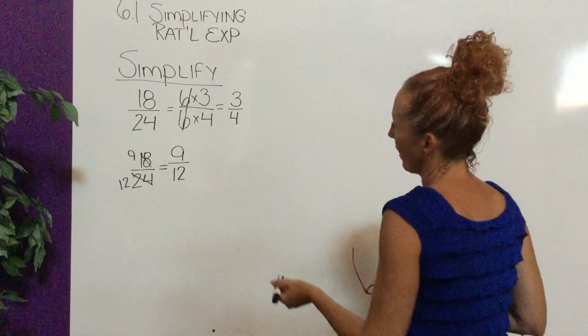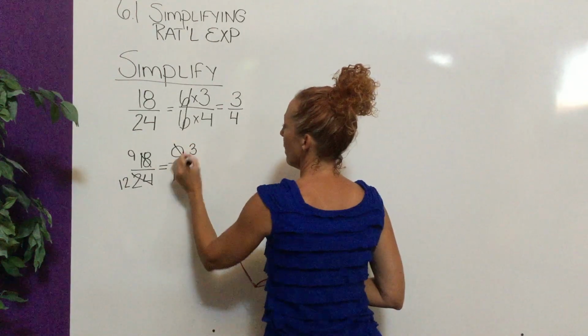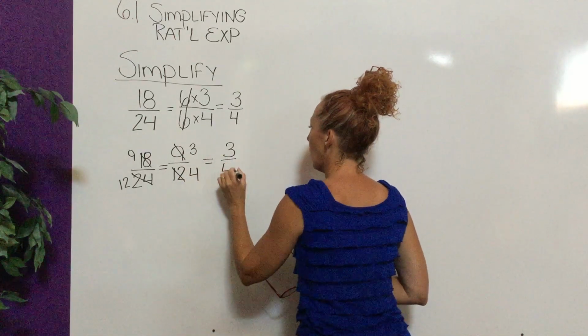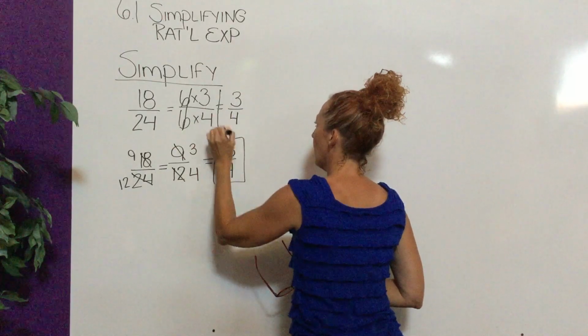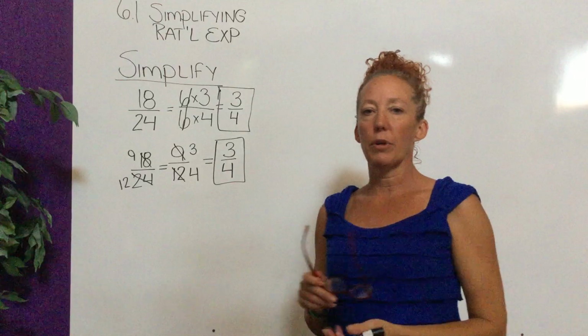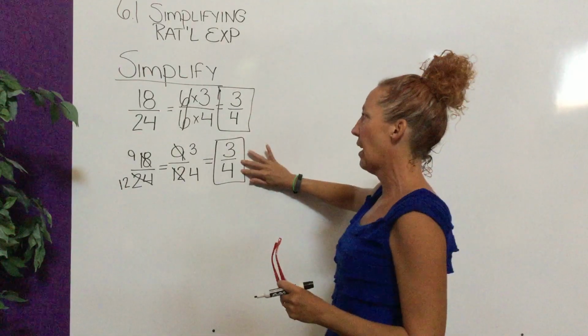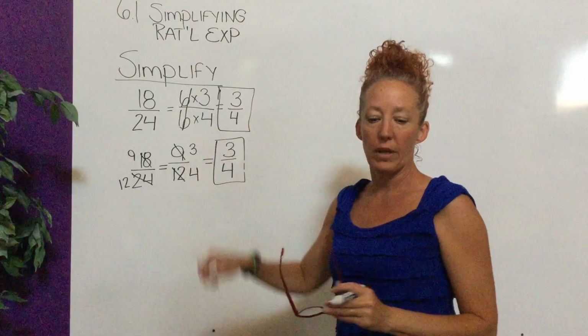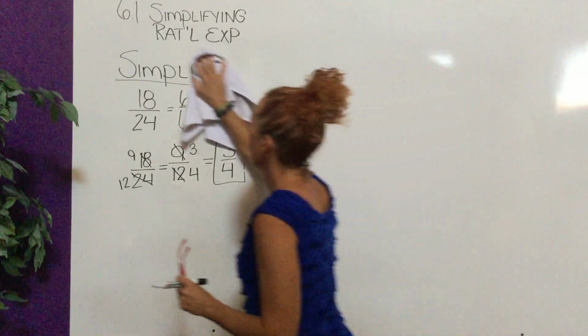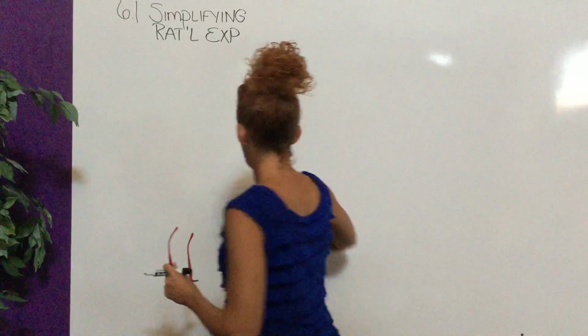Between 9 and 12, I know that 3 goes into 9, and 3 goes into 12. And now I no longer have any common factors. So regardless of which approach you use, you end up with the same thing at the end. This is the idea we're going to look at today, but our fractions are going to be a lot more complicated.